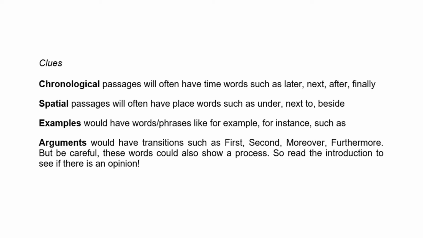For examples, you should be looking for instance, for example, or such as. For arguments, look for first, second, moreover, furthermore. But be careful because these words could also show the process, like cooking a curry, the steps needed to do something. So make sure you read the introduction and see if they are trying to support an opinion.